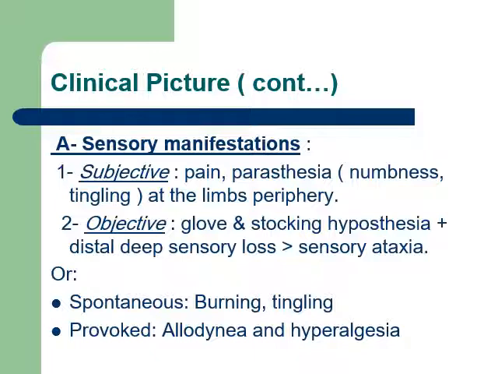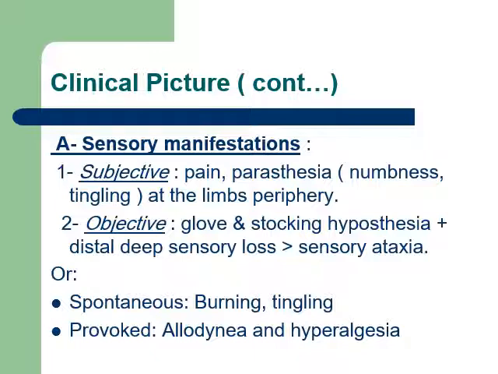If we look at the sensory symptoms, we can see them either from the small fibers, pain, paresthesia, or the large fibers, where we do have global stocking hypoesthesia, as well as deep sensory loss, in which the patient will complain of sensory ataxia. Here the ataxia would be present in absence of the other cranial manifestation characteristic for cerebellar ataxia.